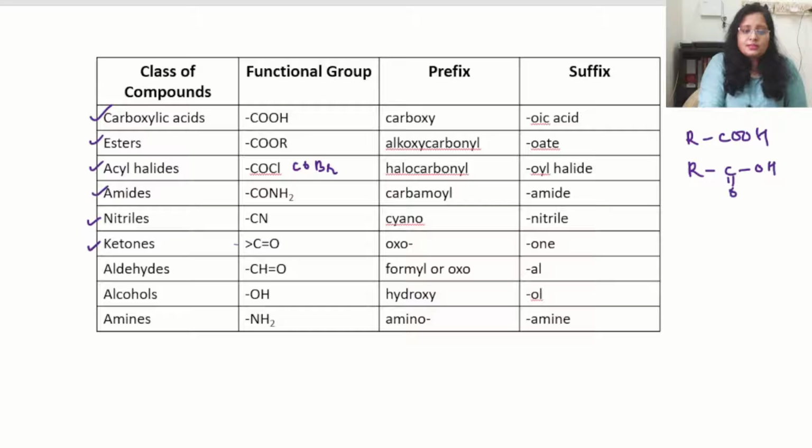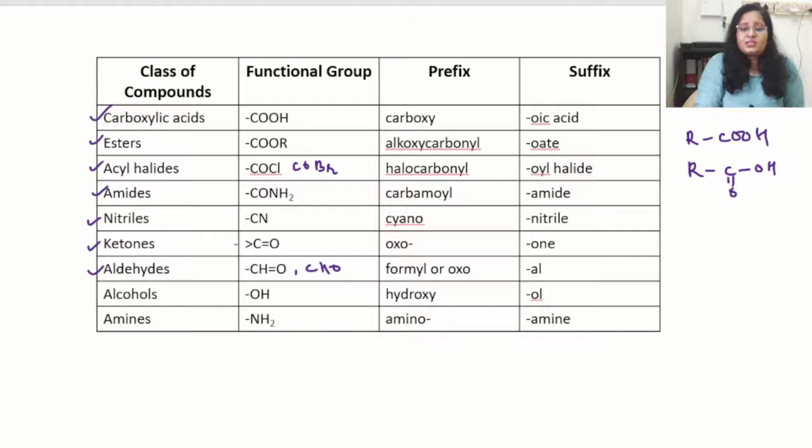Next in the list is ketones. Functional group is C double bond O, or we can say simply CO. Its prefix name is oxo and suffix name is one. Next is aldehydes. Its functional group is CHO, or we can say CH double bond O. Both are correct.